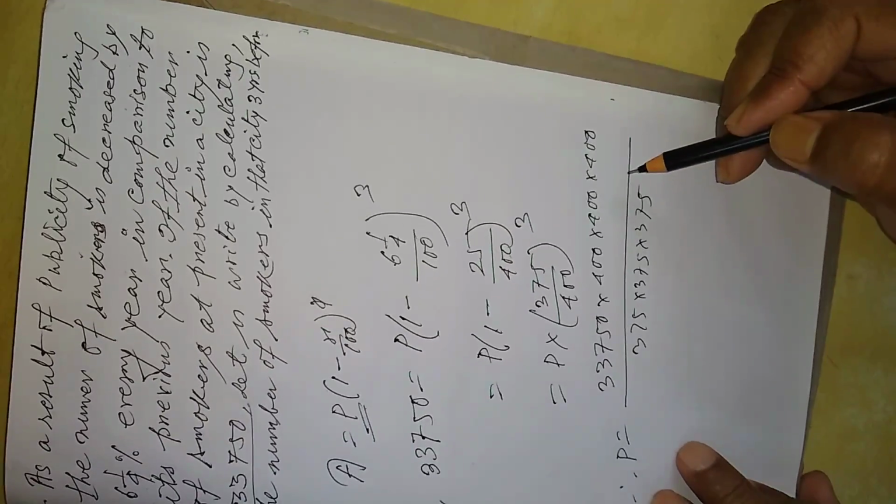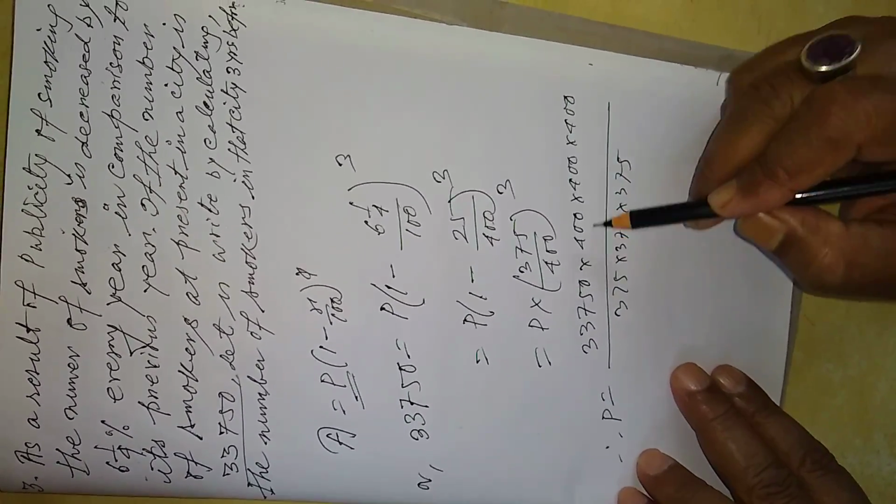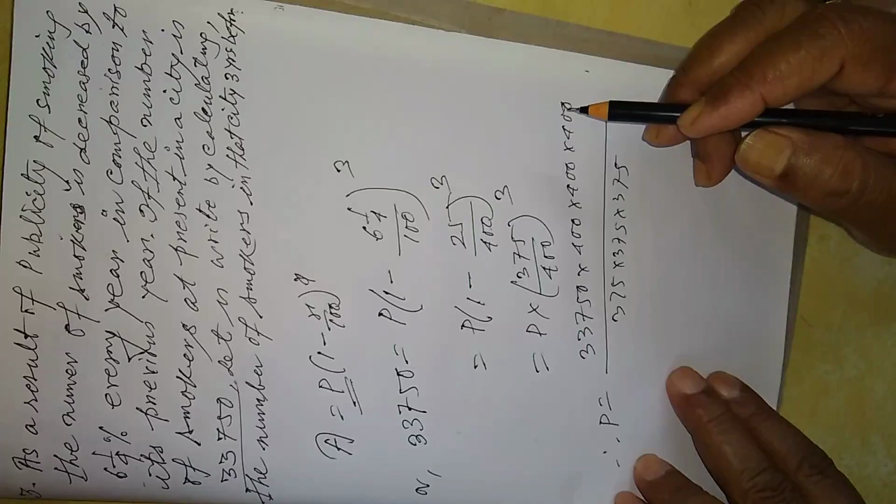Now all of you look at the calculation. If you cut by 2, 3, 4, 5, that will be very bad. Why?